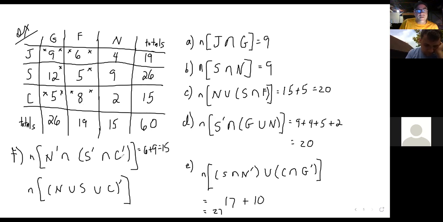And if you're not in college, you are in junior high or senior high. And what I'm looking for are the ones with 3 X's. That is where all 3 overlap. And so it's just these two right here. And so the 6 + 9 is 15. Are we okay with that?